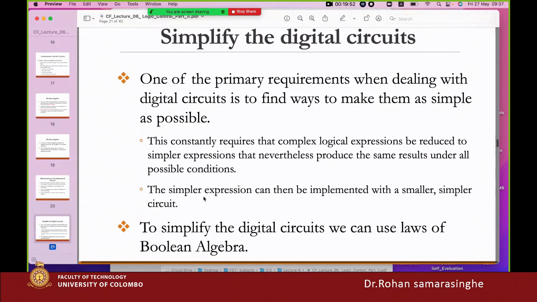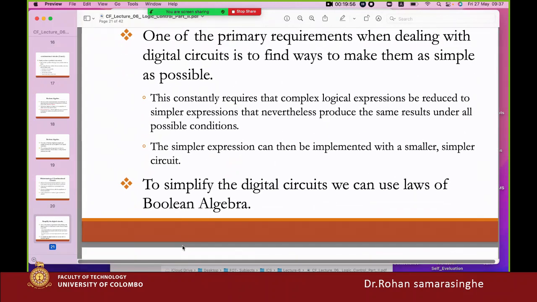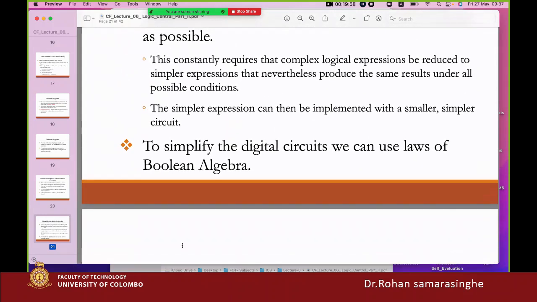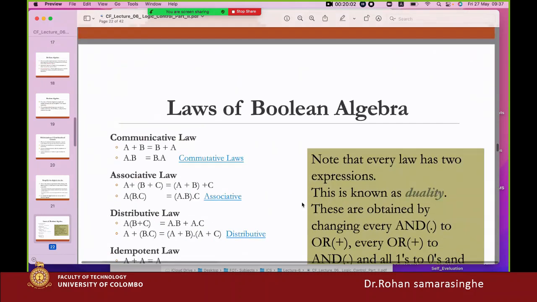Here, without explaining these things further, you can easily understand. To simplify the digital circuit, we can use laws of algebra. These laws are very, very important.